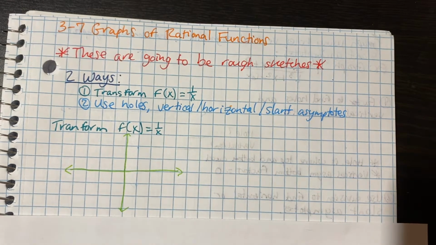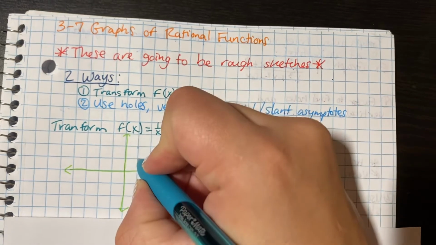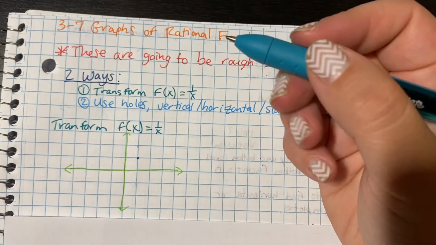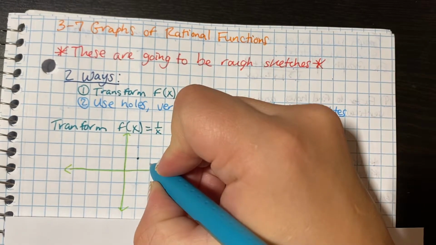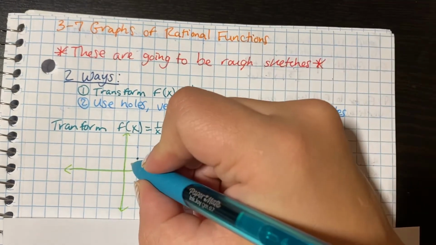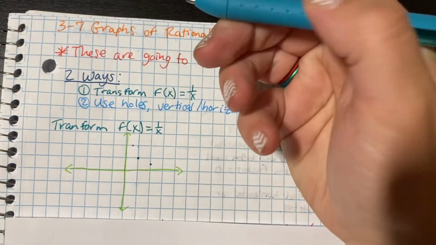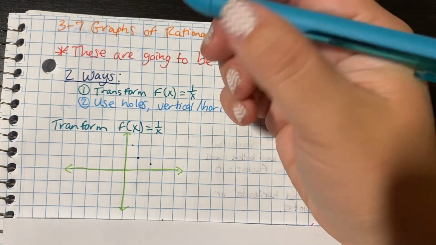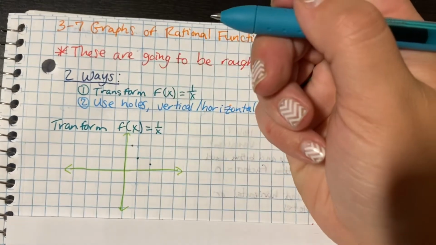Well, first of all, we need to draw 1 over x. 1 over x looks like this, okay? So if you plug a 1 in, you get a 1. If you plug a 2 in, you get a 1/2. If you plug a 1/2 in, you get a 2. And if you plug in a 0, 0 is not going to work.